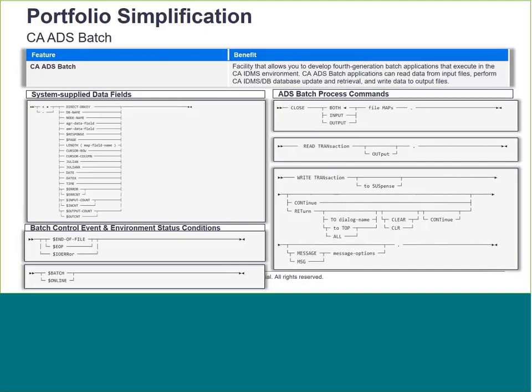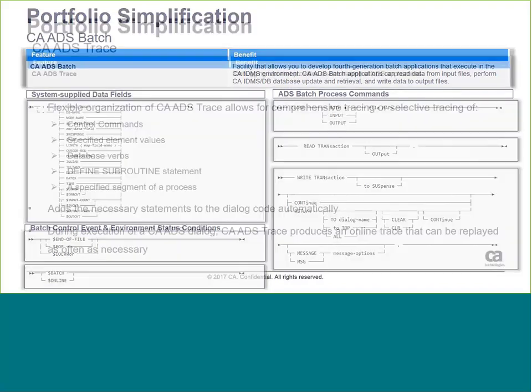But that being said, you can write business logic in ADS, we call that process code, and with ADS Batch, you can actually run ADS application code, and instead of output going to and from screens, the output can go to and from files, which really extends the usefulness of your ADS environment. Next slide.